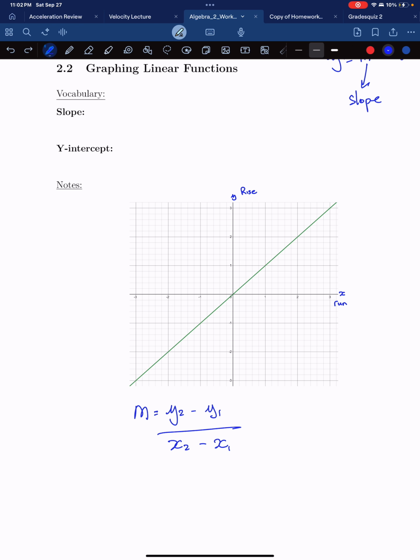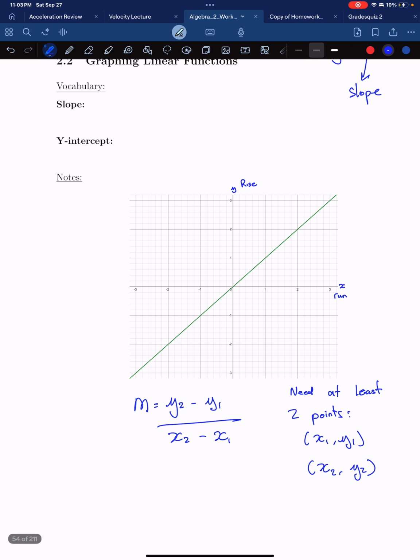We need at least 2 points, and those 2 points are just coordinates: x1, y1, x2, y2. We can pick any 2 points on the line. That's the beauty of lines.